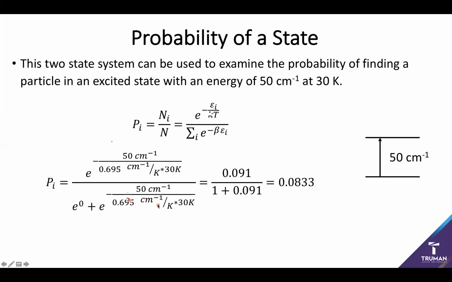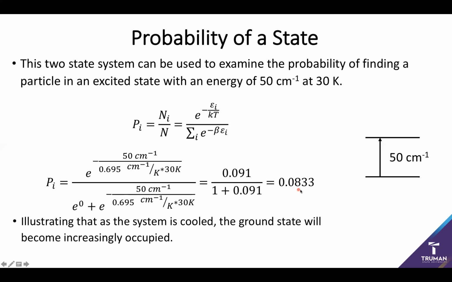Using this, we can crunch the numbers, and we watch my numerator drastically drop down from about 0.8 to 0.091. So it goes way down. And doing this, it drops my probability down to about 0.08. So this means about 8% of my particles are going to be in this excited state.